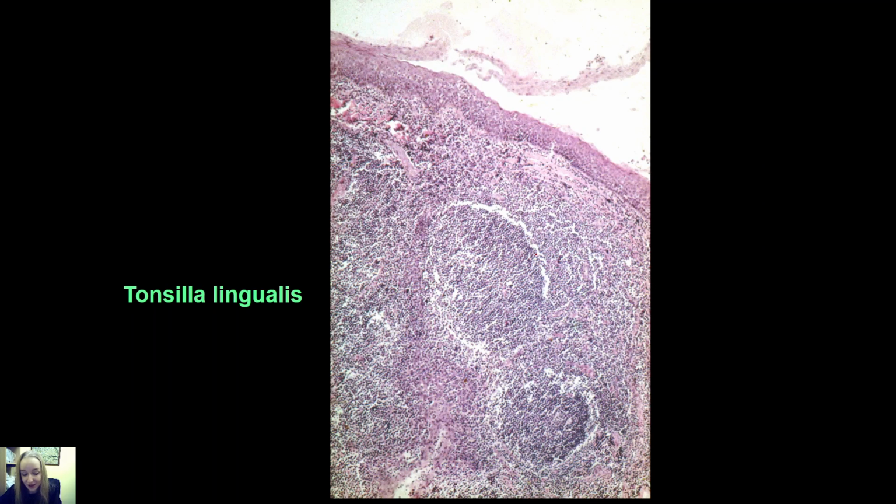Also we have the lingual tonsil, and the lingual tonsil is smaller. There are shallower crypts there and smaller amounts of lymphatic tissue, but it is also covered with stratified squamous epithelium, the same as for the palatine tonsil.